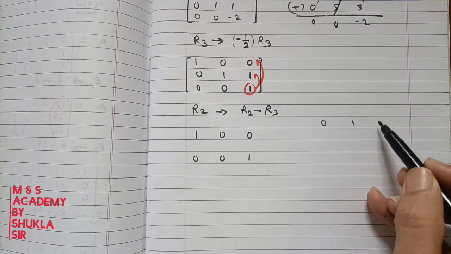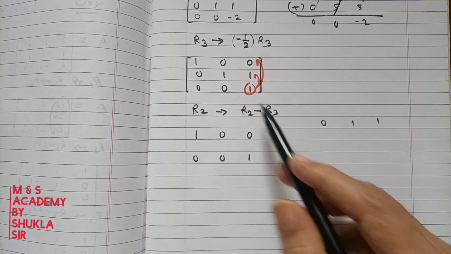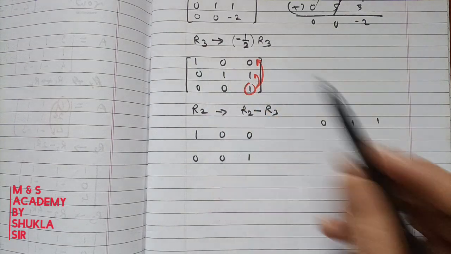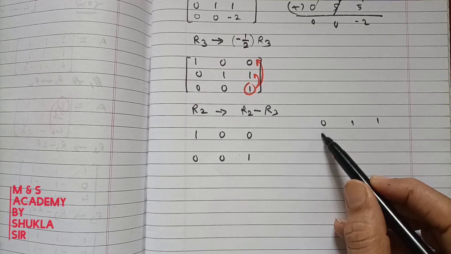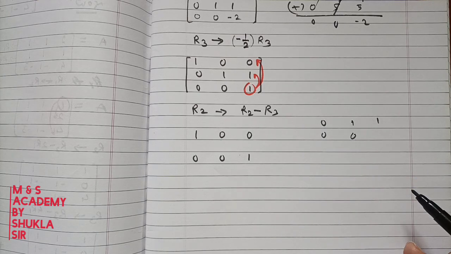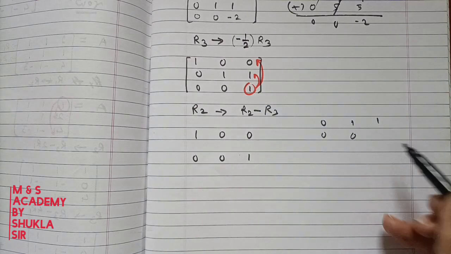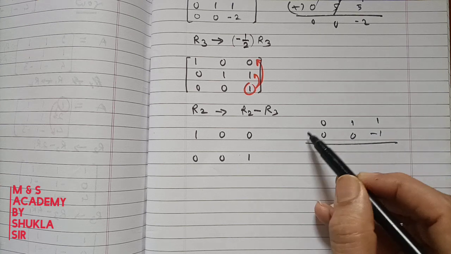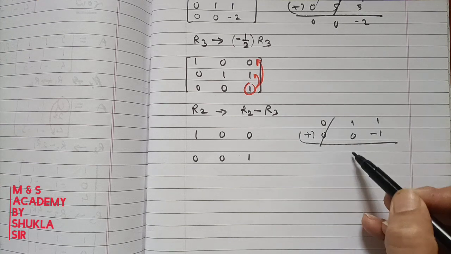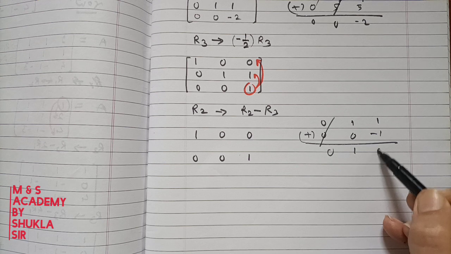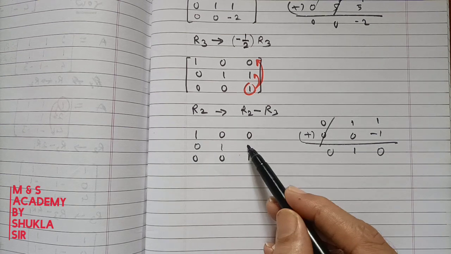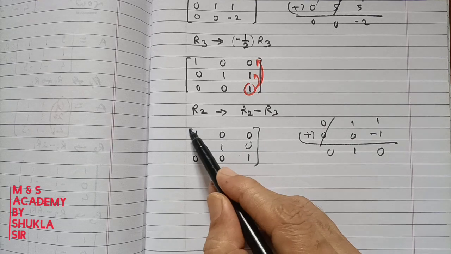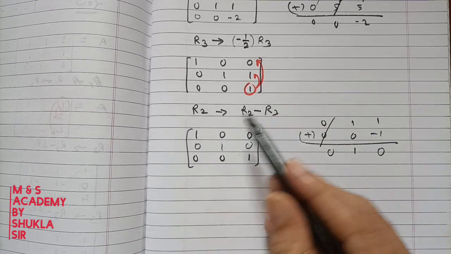So the second row is going to change, so we'll write down that element operation. So minus R3 means this one, so 0 0 and minus 1 we need to add. So this is 1, this is 0, this is 0, so our second row changed to 0 1 0. Now this is our identity matrix.